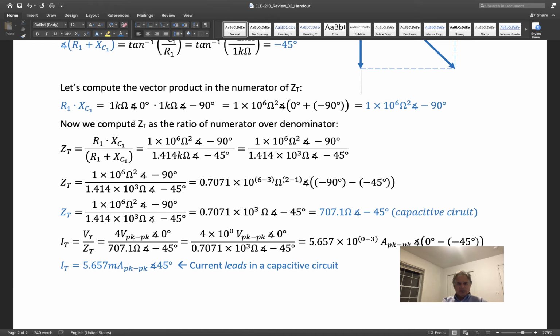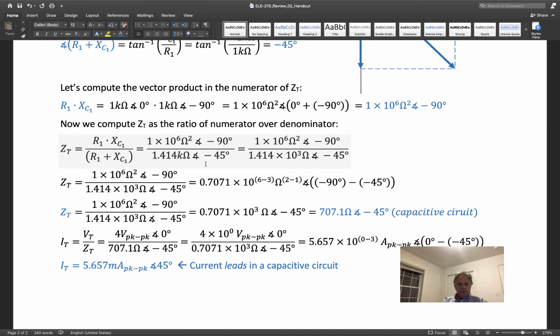So now we compute Z total as the ratio of the numerator over the denominator. So here we go. 1 times 10 to the 6th ohms squared at minus 90. That's the numerator we just calculated. And here's the denominator we calculated from the impedance chart. 1.414 k ohms at an angle of minus 45 degrees.